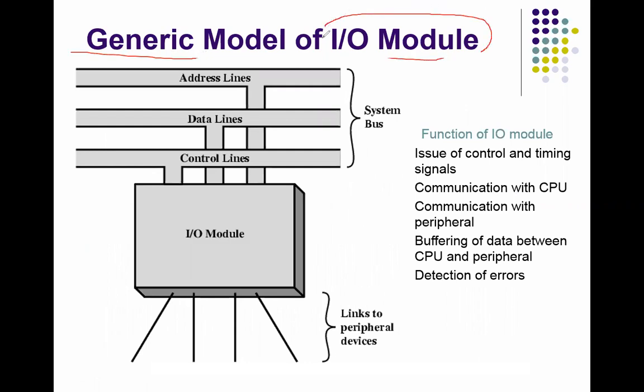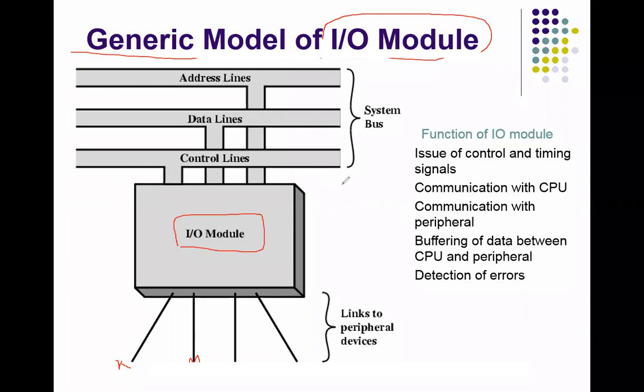With the input output module, we can manage all these devices. So here is the input output device module. This input output module is connected with the different peripheral devices. It could be a keyboard, it could be the monitor, it could be your mouse, right?